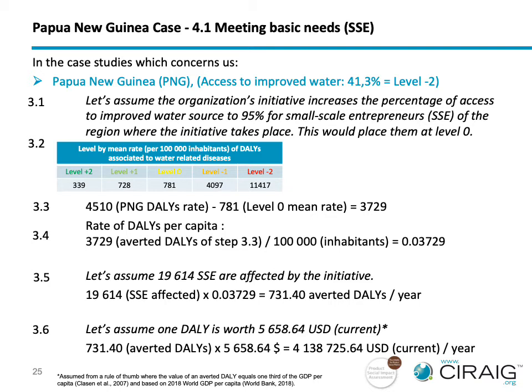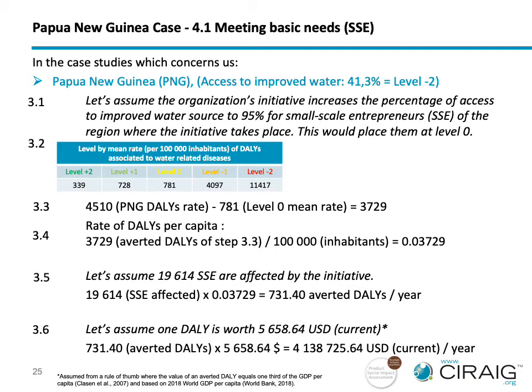If we subtract these from the level 0 compliance, we get an averted number of DALYs of 3,729. This places the rate of DALYs per capita of Papua New Guinea, in terms of averted DALYs at step 3.3, at 0.03.